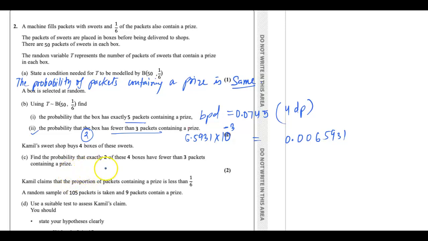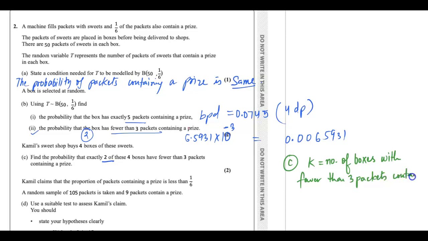Find the probability that exactly 2 of these 4 boxes have fewer than 3 packets containing the prize. Let K represent the number of boxes with fewer than 3 packets containing a prize.